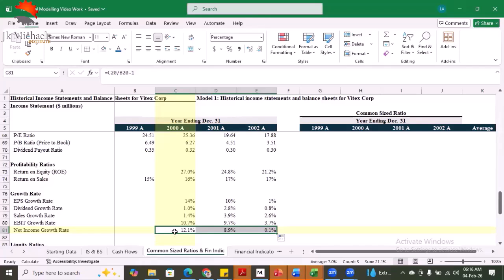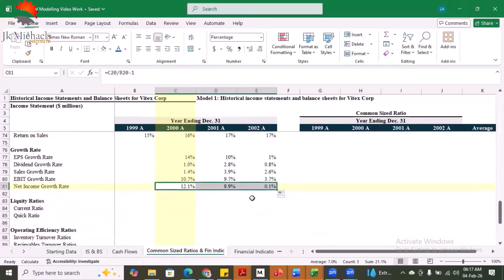There doesn't seem to be strong growth in either sales, EBIT, or net income. There seems to be a decline in the key growth rate figures like sales growth rate, EBIT growth rate, and net income growth rate. And you can, of course, see how it affects dividends and earnings per share. So these are our values for growth rates.